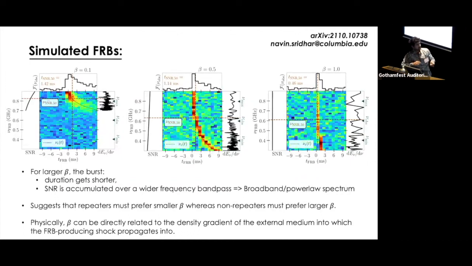So the spectrum for small beta bursts will also be very narrow, kind of Gaussianish, compared to the spectrum for large beta bursts, which would be power law kind because they are spread throughout the band.